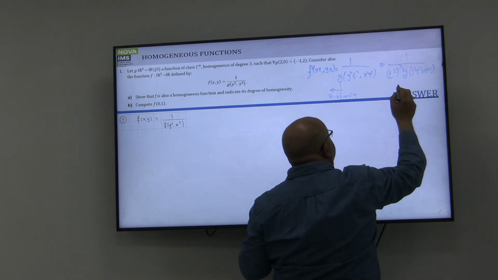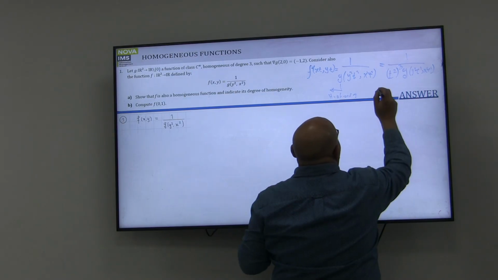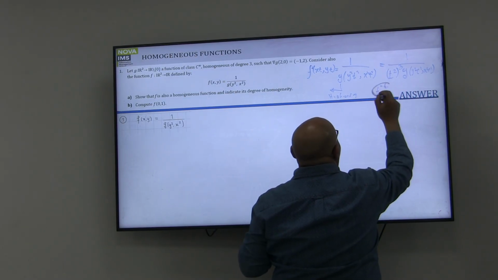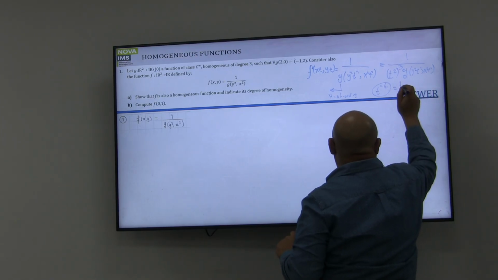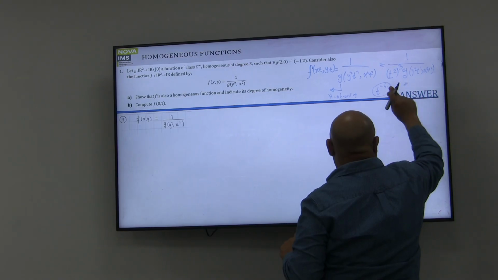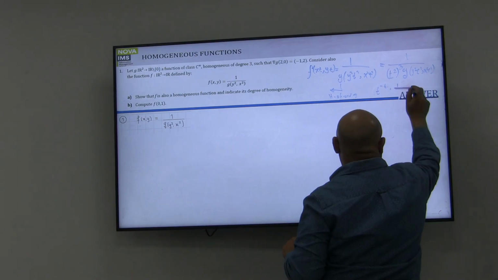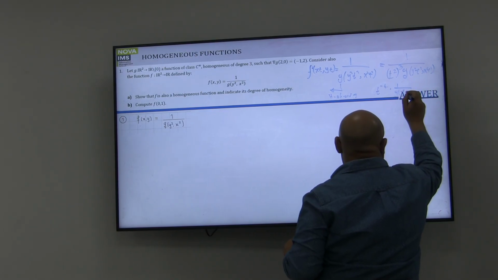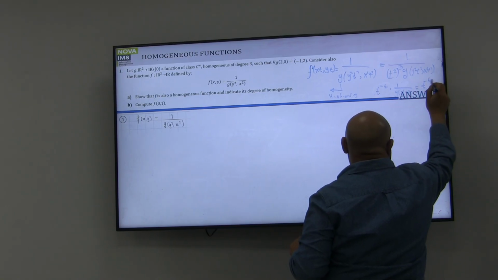And from this point, you will have that the homogeneity degree is t to the power of negative 6. Because simply, I will take the t value times 1 over g of y squared plus x squared, which means t to the power of negative 6 times f of x and y.